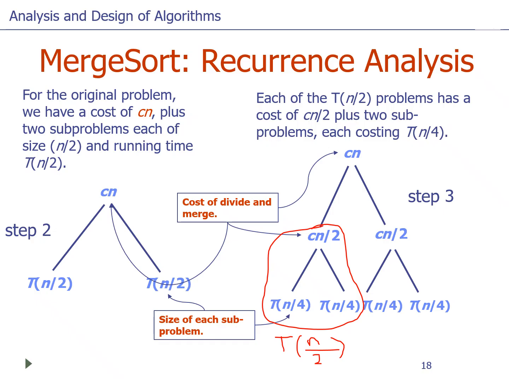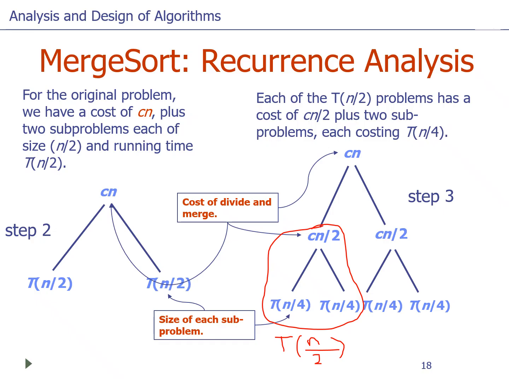Let me actually try to label it here. I will put a red circle around it. So this one that has the red circle is the replacement of T(n/2). How did I get this replacement? I just substituted in the recurrence.